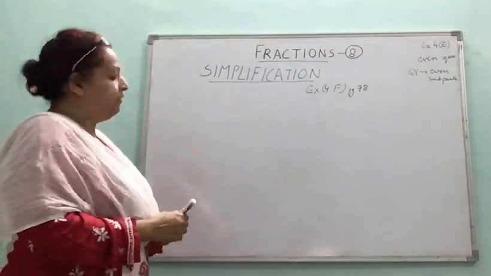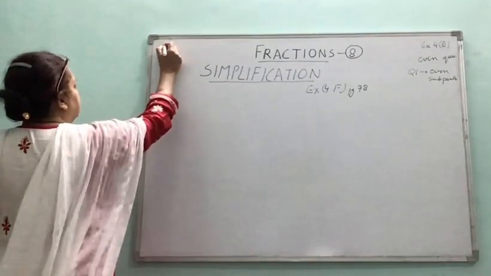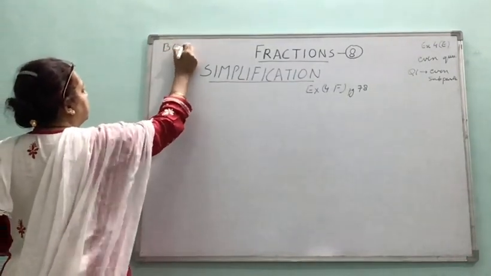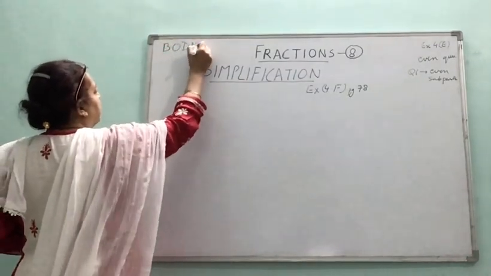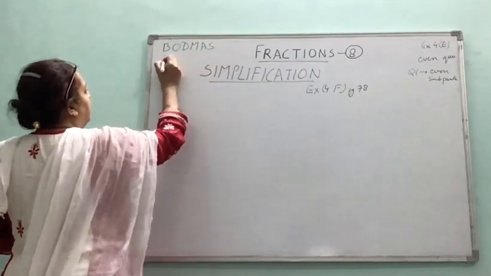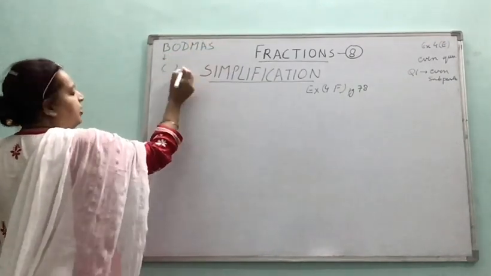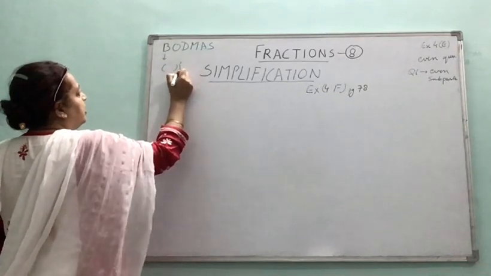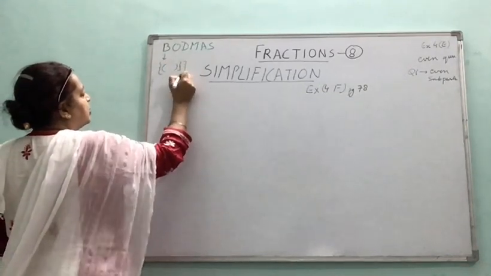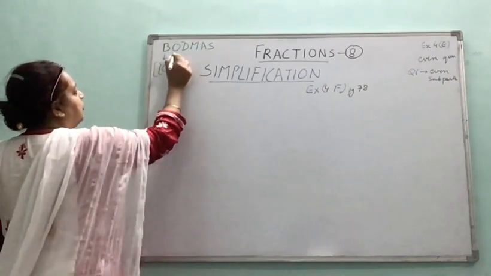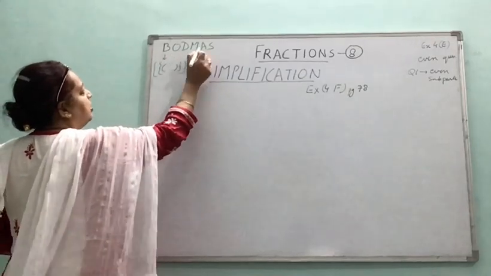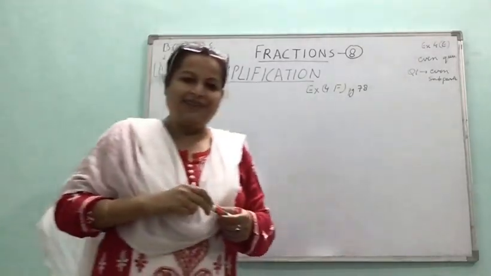You will see that we do it step by step, BODMAS. And the bracket order I am writing again: parenthesis, then braces and then square, then division, multiplication, addition and subtraction.